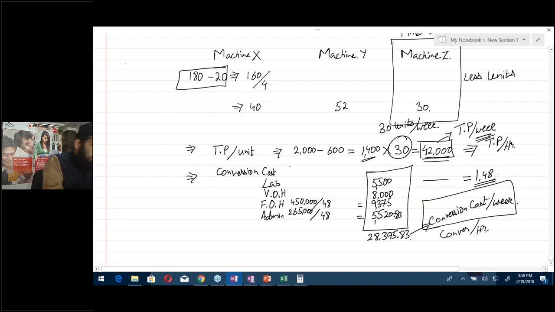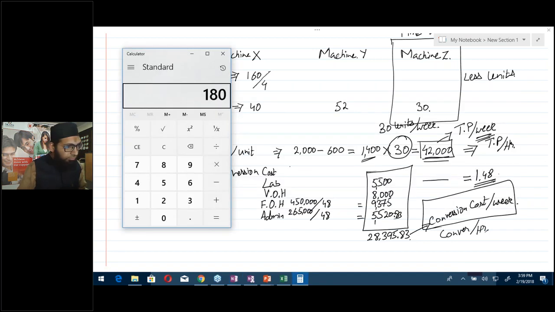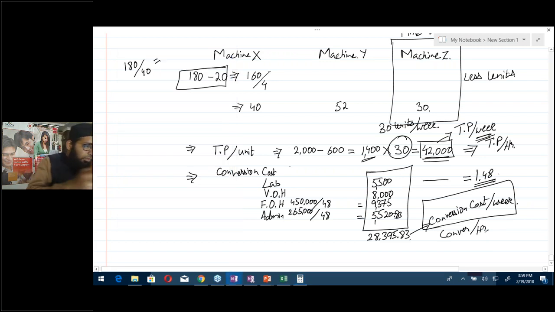Now 180 units can be produced in a week and a week contains 40 hours. That means in an hour 4.5 panels can be made. This is 4.5 panels per hour.